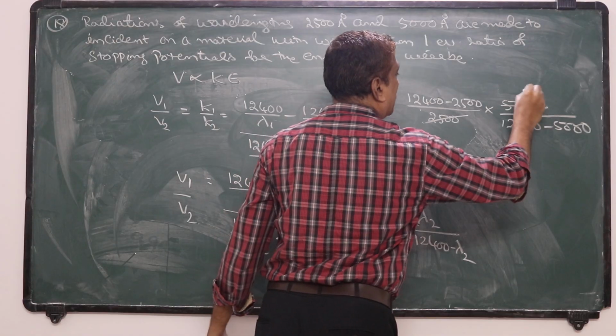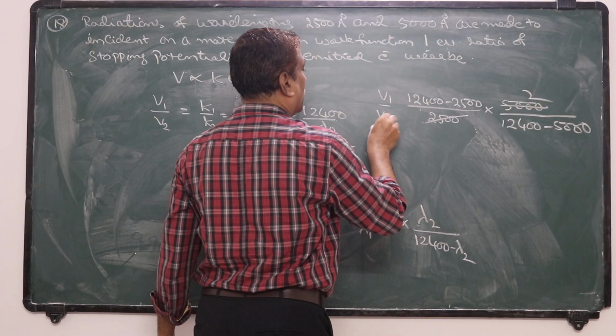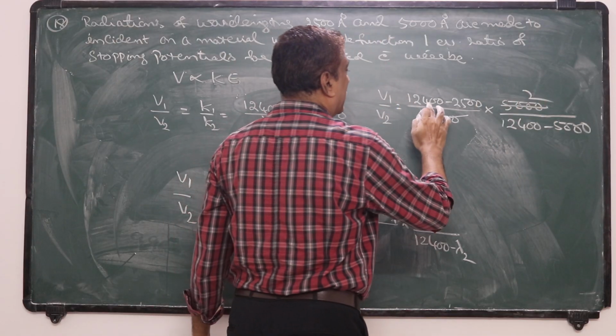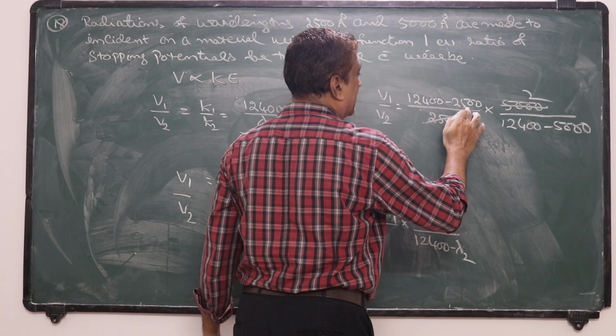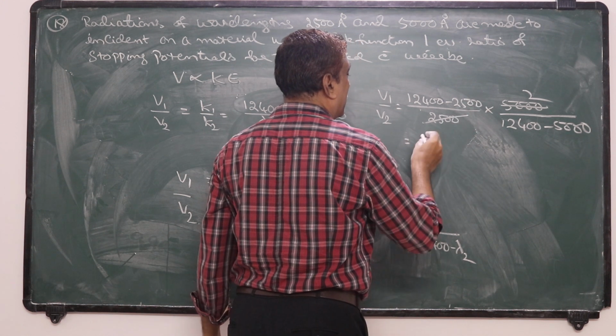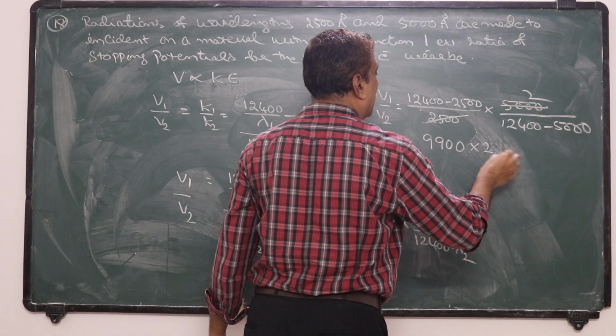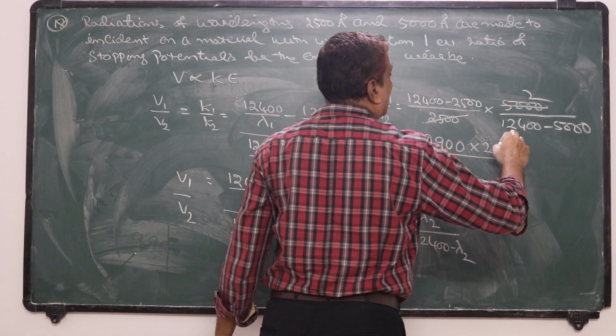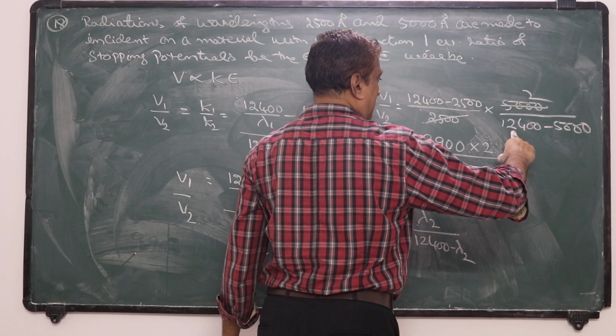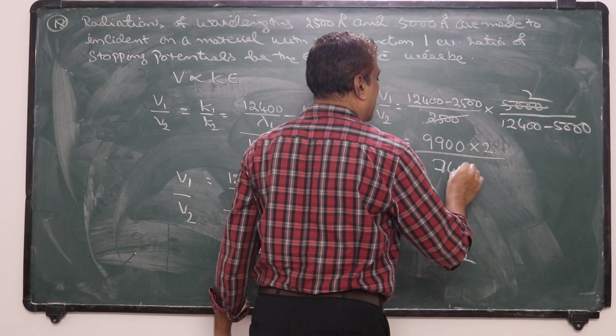So this gets 2 times, and by subtracting, we write 9900 into 2 by 7400.